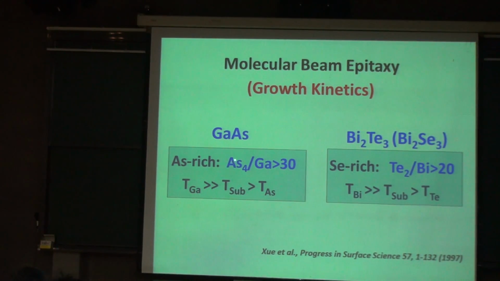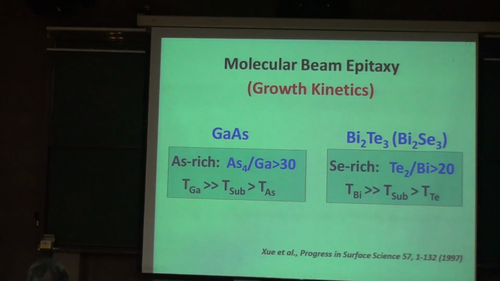So with this, even if you have much more arsenic supply to the substrate, the reaction rate is only limited by the flux of the gallium, the number of gallium available, so the extra arsenic will be immediately evaporated out of the surface, since the substrate temperature is much higher than the arsenic evaporation temperature.